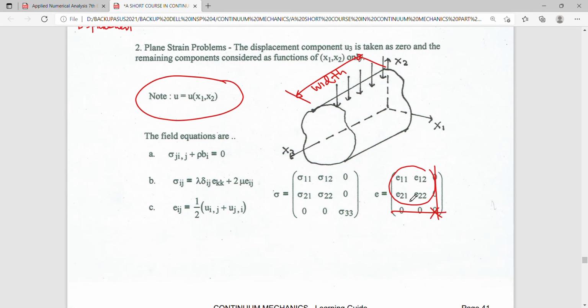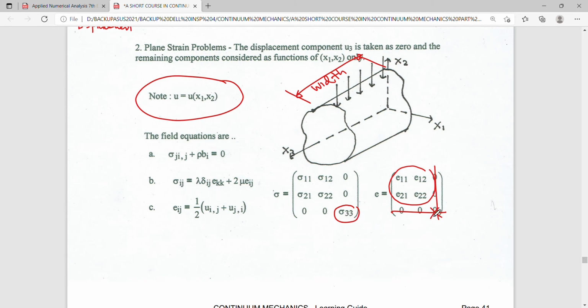Okay. Take note. It doesn't mean that since your strain is 0 there, you don't have a sigma 3. You may or may not consider sigma 3. Why did I say you may or may not?